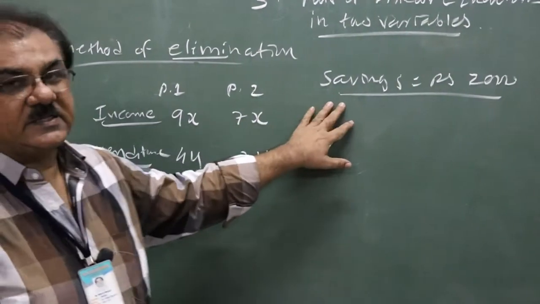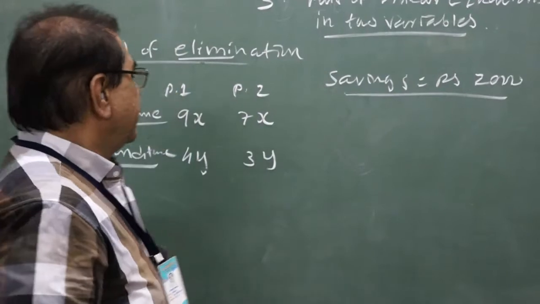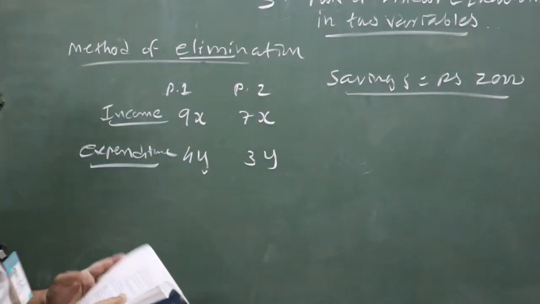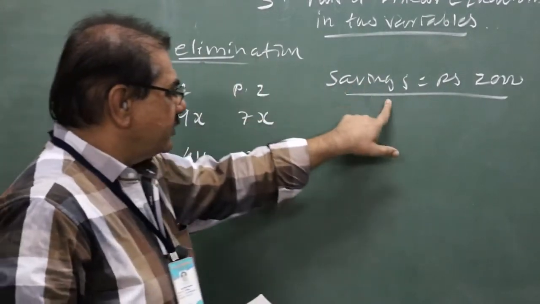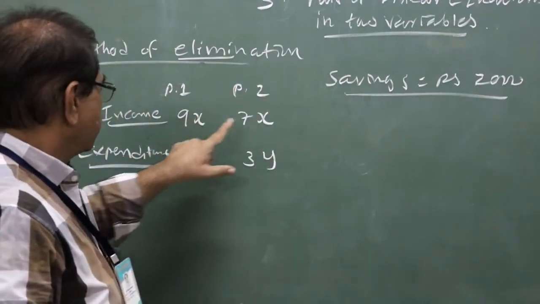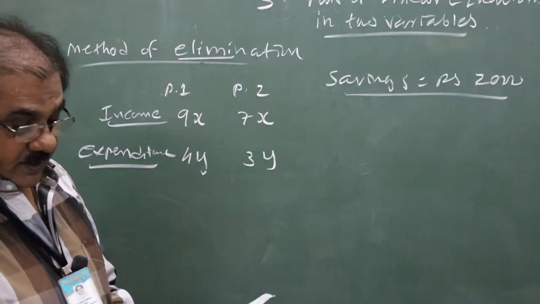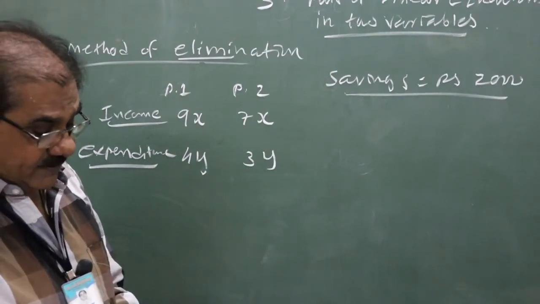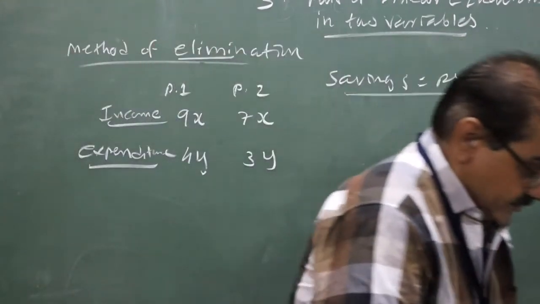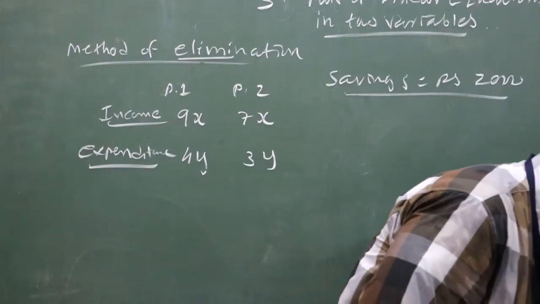For both the persons, the savings are 2000. So person 1 also saves rupees 2000, person 2 also saves 2000. So find their monthly income.